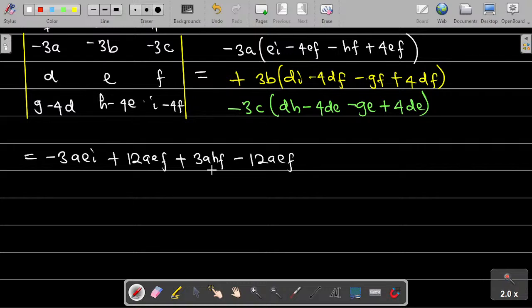Okay, so you can see this and this are the same, so this will take away this, and so we have only these two left.